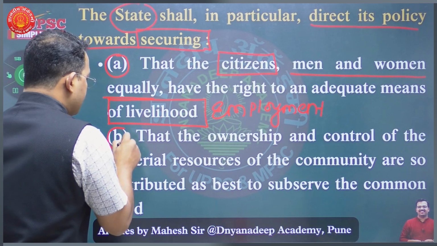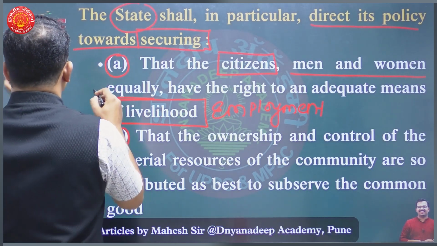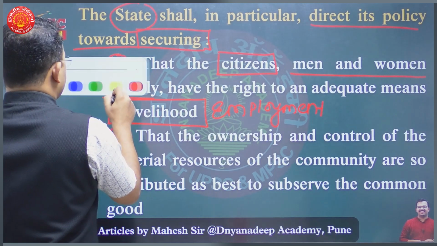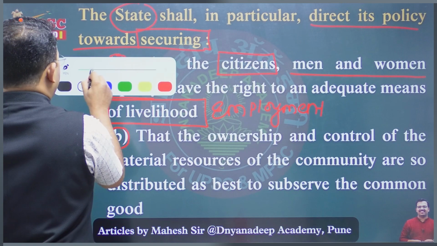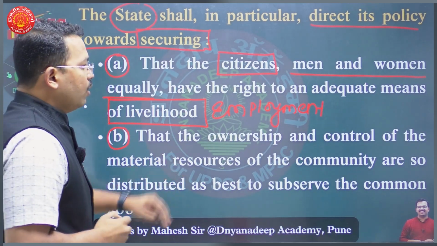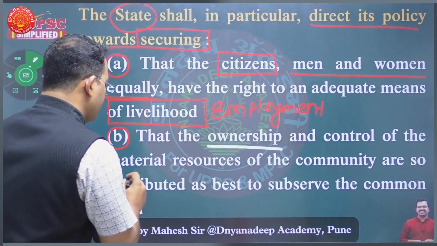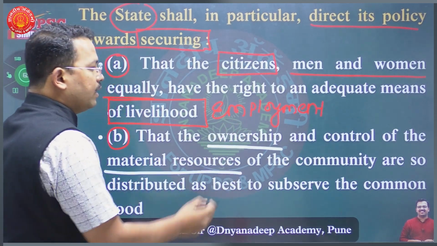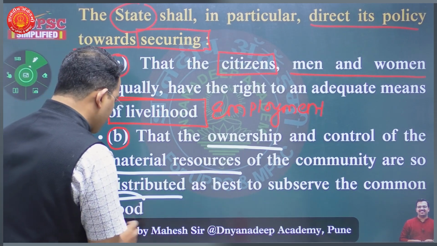The second clause talks about distributive justice. Now see what the second clause says. It says a very interesting thing: that the ownership and control of the material resources of the community are so distributed as best to subserve the common good.